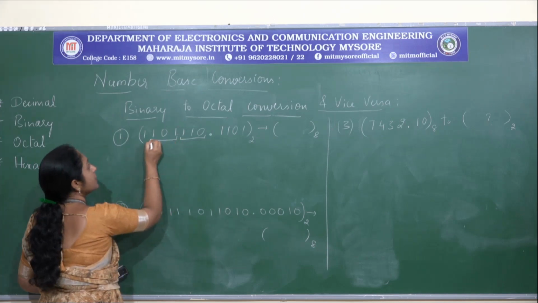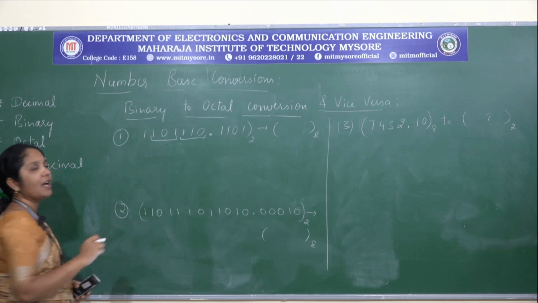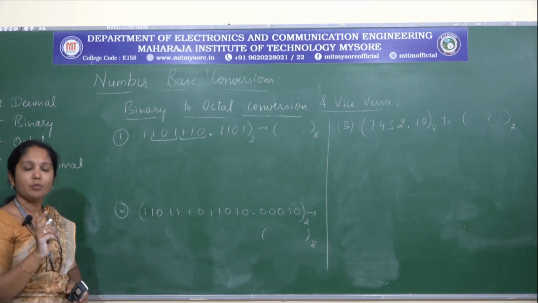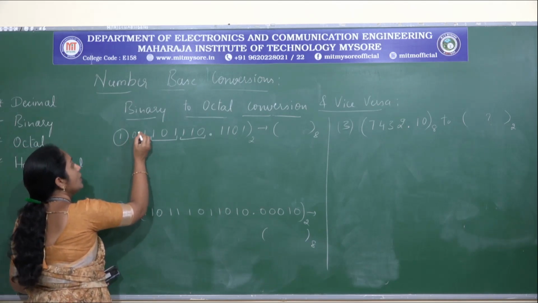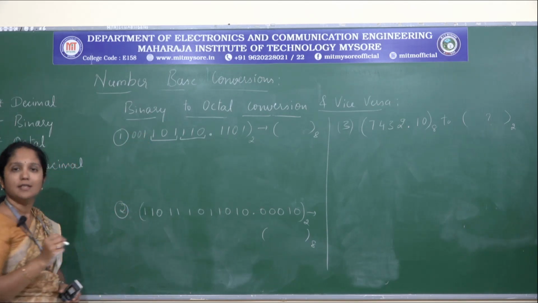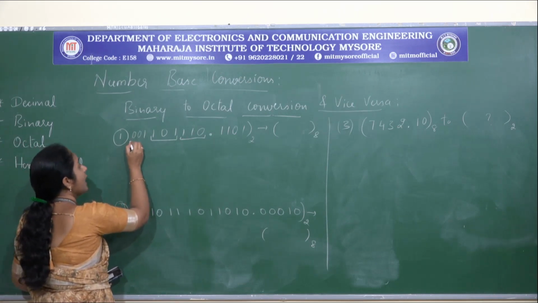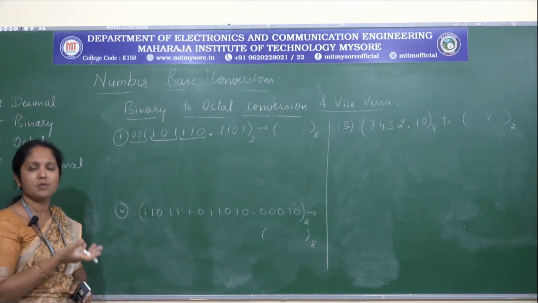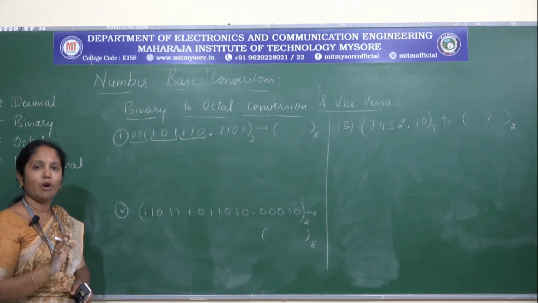Next group is this one, and next if you observe, we are left with only 1 bit, but what we are supposed to do, if you want you can add 2 more digits which are 0. Since it doesn't carry any value, you can add digits like this, or you can simply express 1. So whichever is convenient to you, you can follow that.